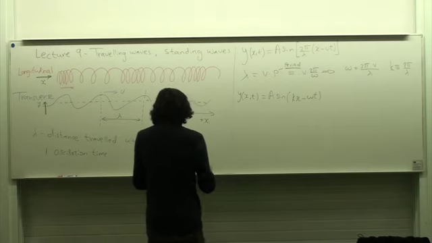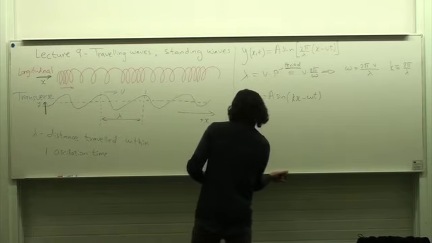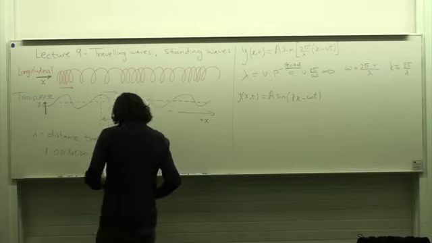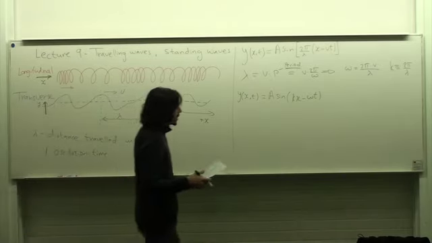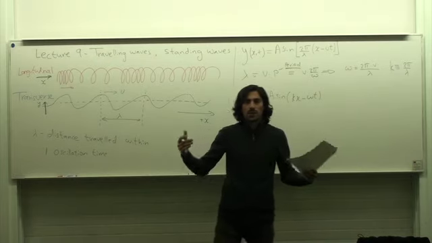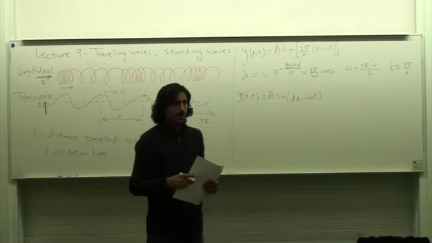Let's keep this form for a while, and what I want to do now is generate two waves that are opposed to each other, two traveling waves.